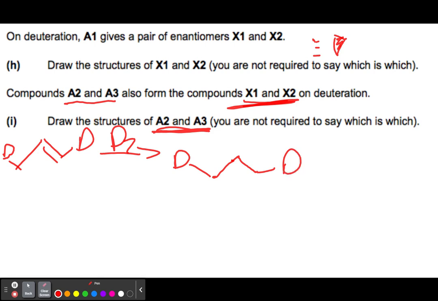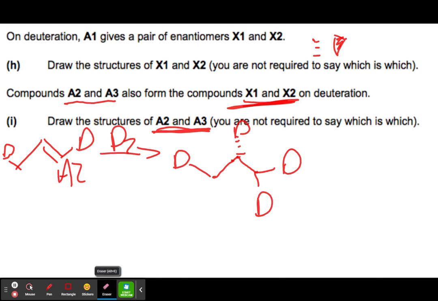So we add a D here, but then if you look, this could be a wedge, or instead of a wedge, it could be a dash. So this is one of the A's that we need. This is A2, let's call it. You might say A3. I'm saying A2.